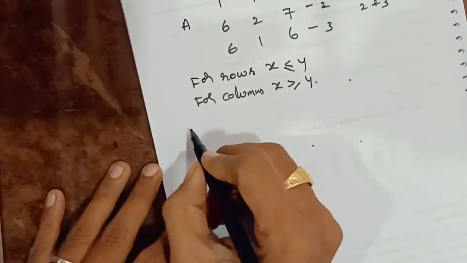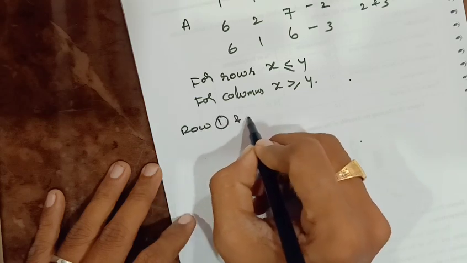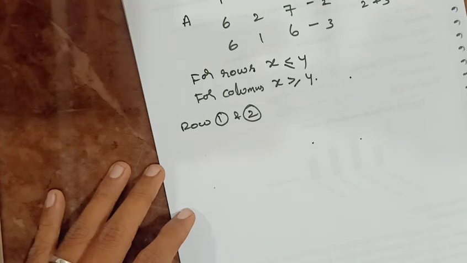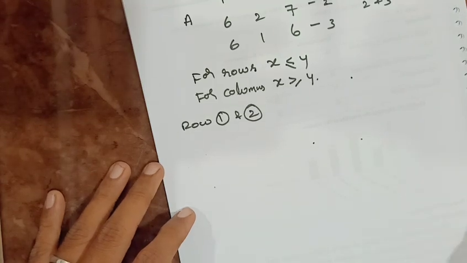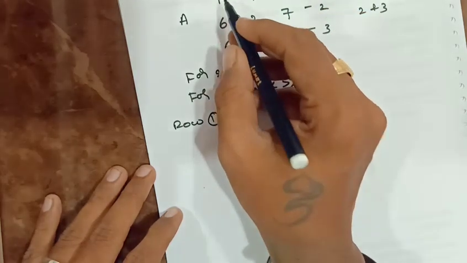So by taking rows 1 and 2, we'll compare. There are other methods also, but this becomes easy.